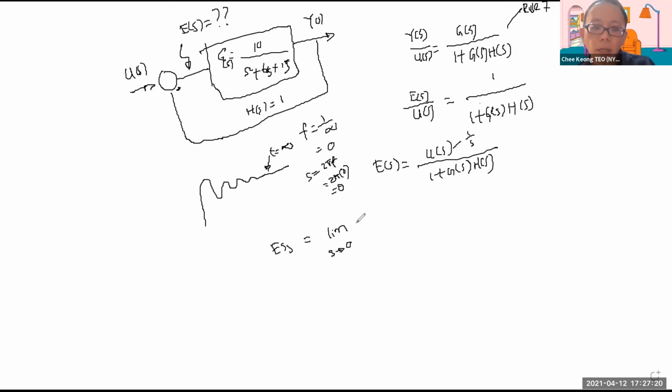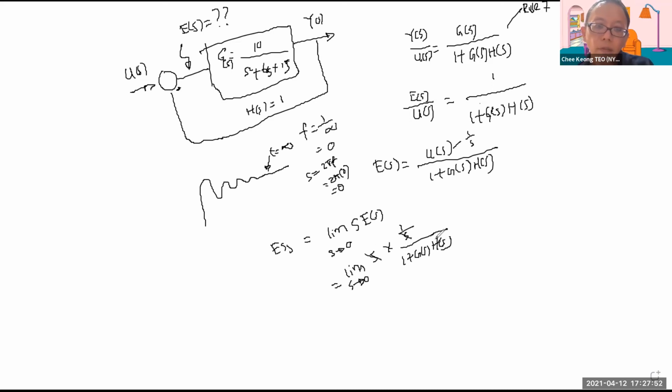So with this, the equation is given by S E of S. If you plug in the E of S here, you get the limit of S approaching 0, S multiplied by 1 over S on top, and divided by 1 over G of S H of S. Now this S and 1 over S cancel each other.